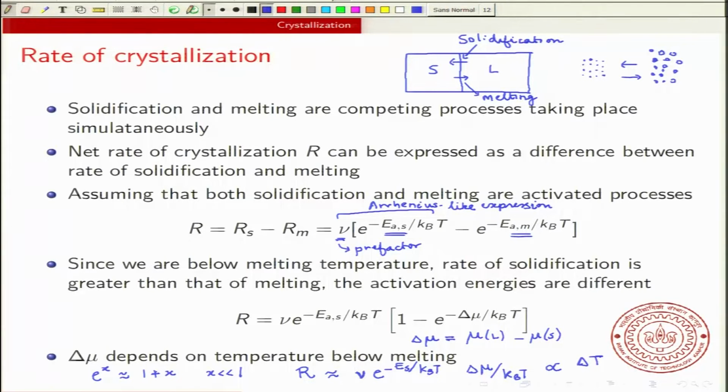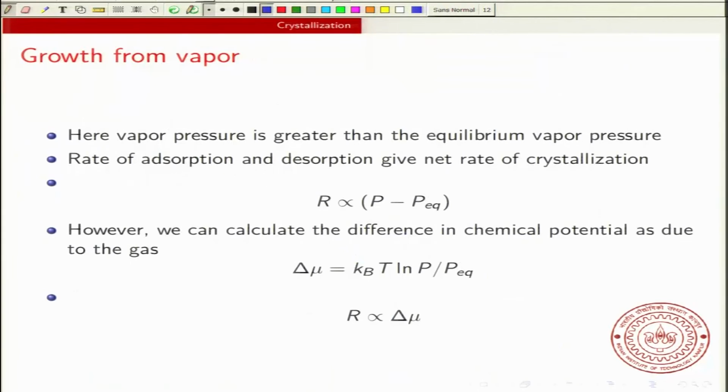Now, this is the process of crystallization from a melt or from a liquid. Here you have a liquid converting to a solid. You could also have crystallization from vapor, in the sense that your crystal is growing because there is a vapor of the material.